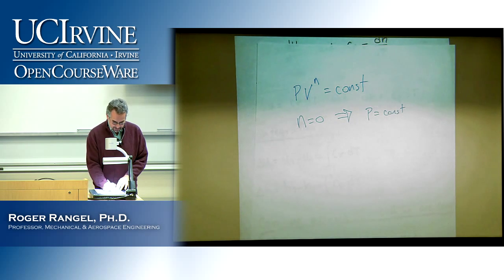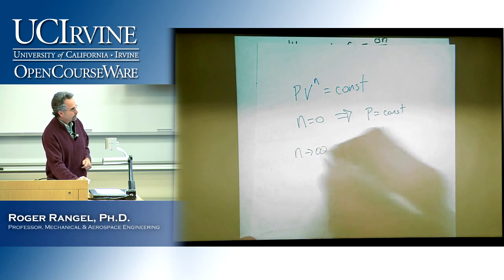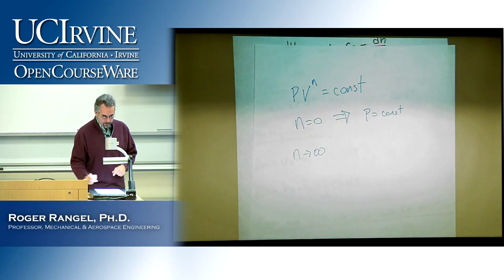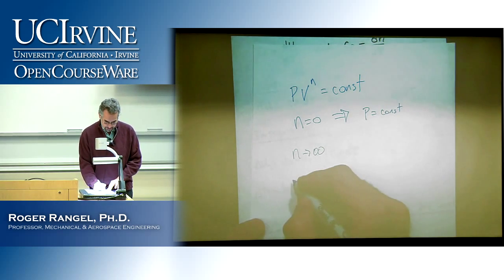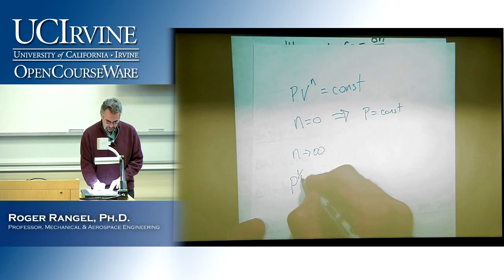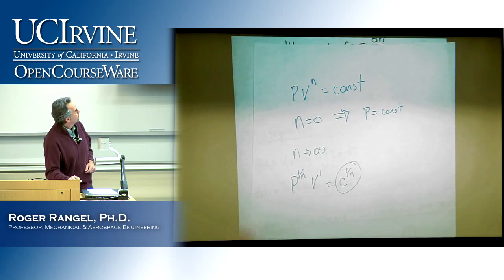What happens if n is infinity is a little harder to see. But you can take the nth root of this before you take the limit as n goes to infinity. So you get P to the 1 over n times V equals a constant to the 1 over n. This is still a constant.